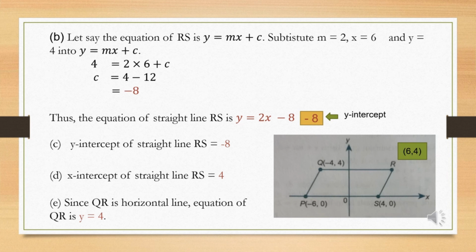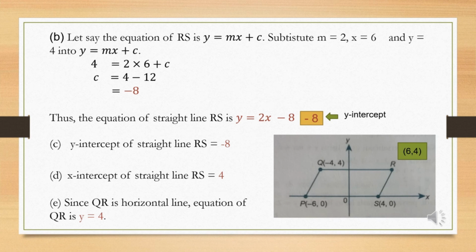For D, we can find the x-intercept of straight line RS through the diagram. We can see that the point S is located at coordinate (4, 0). Therefore, the x-intercept of straight line RS is equal to 4.